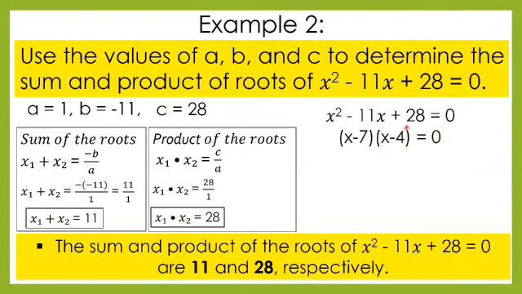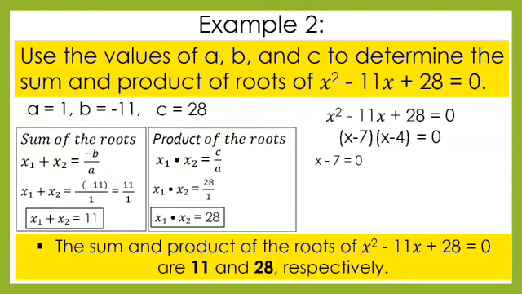The factors of 28 whose sum is negative 11 are negative 7 and negative 4. They are both negative, so their product is positive. If we add negative 7 and negative 4, we will get negative 11. If we multiply negative 7 and negative 4, we get positive 28.